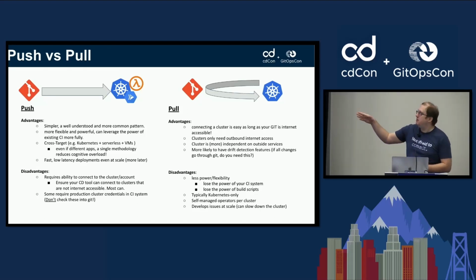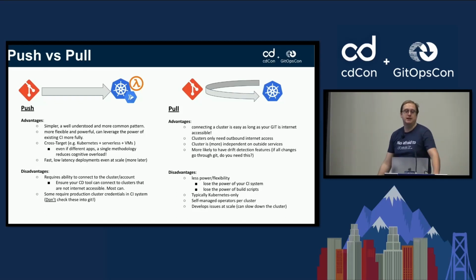Some of you may not be familiar with both. If you use Kubernetes, there's a bunch of Kubernetes tools that use pull, but there's very little that uses the pull model outside of Kubernetes today. It's kind of the newer one. Some of the advantages of push are it's been around longer, it's a little bit simpler, more people understand it, and one of the things I really like about it is it leaves you with the full power of your CI system.